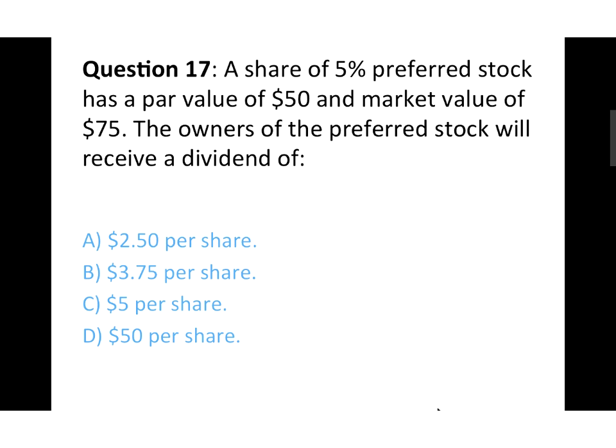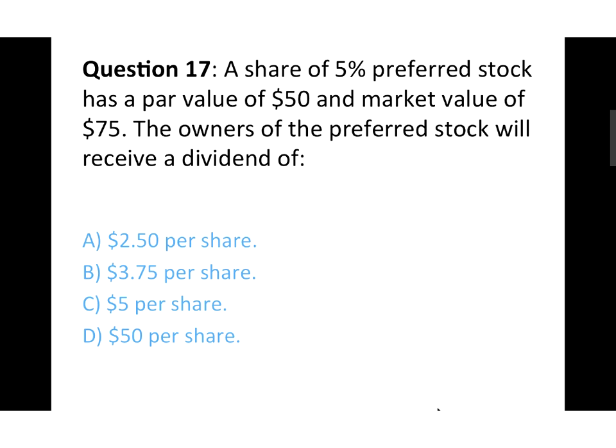A share of 5% preferred stock has a par value of $50 and a market value of $75. The owners of the preferred stock will receive a dividend of what? I won't give you the number answer, but I will tell you what you need to do to get this answer.